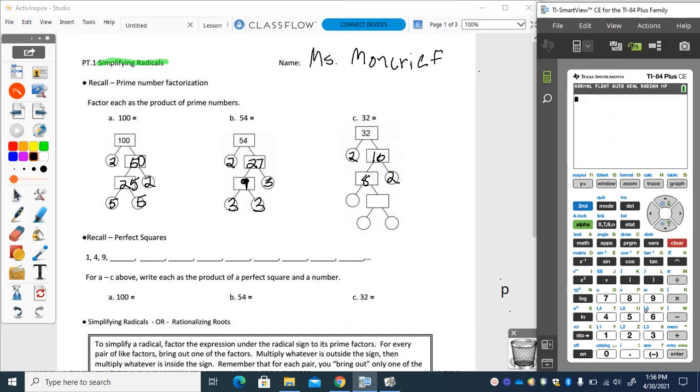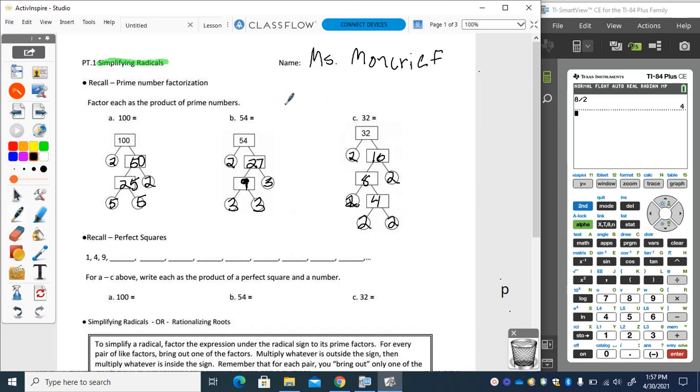Yeah, let's divide it by 2 again. 8 divided by 2, that'd be 4. So 4 and 2. And then can we simplify 4 any further? Yeah, to 2 and 2. Remember, prime means the only numbers that can divide into it evenly are 1 and itself.